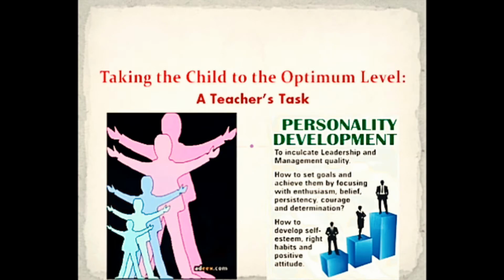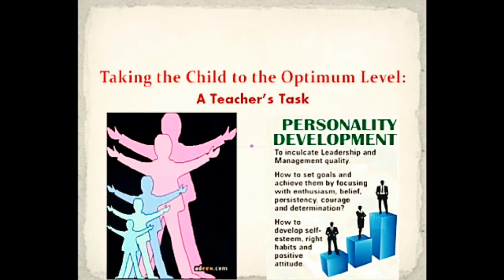Now, taking the child to the optimum level, as you can see on the screen, is it a teacher's task? Yes, definitely. Most of the contribution to take the child to the optimum level or his all-round personality development is in the hands of the teacher, is in the hands of the school authorities.